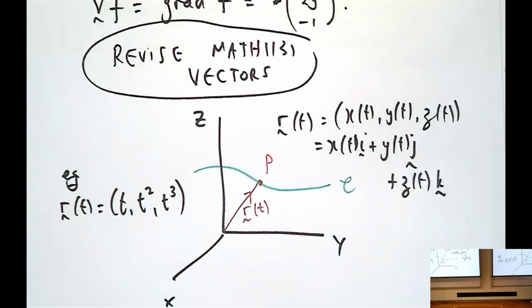And as you vary t, your vector will change, right? And it'll map out some curve. Okay? So it's a vector function of one variable. The only variable there is the parameter, the time. Okay? So in some cases, it's very similar to what you already saw at school, except now you're working in three-dimensional space with vectors. Okay?